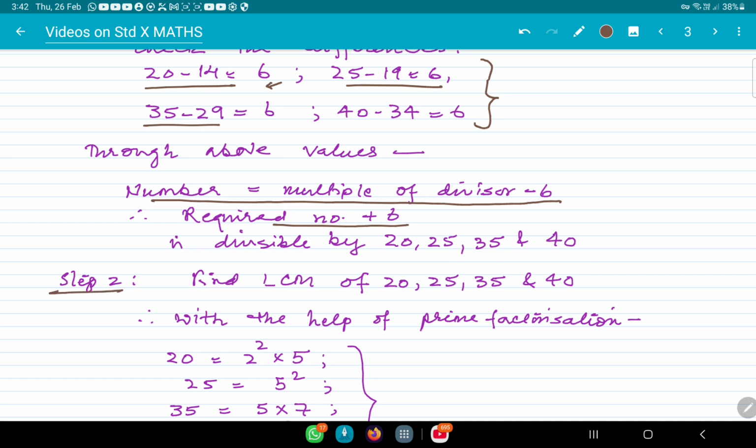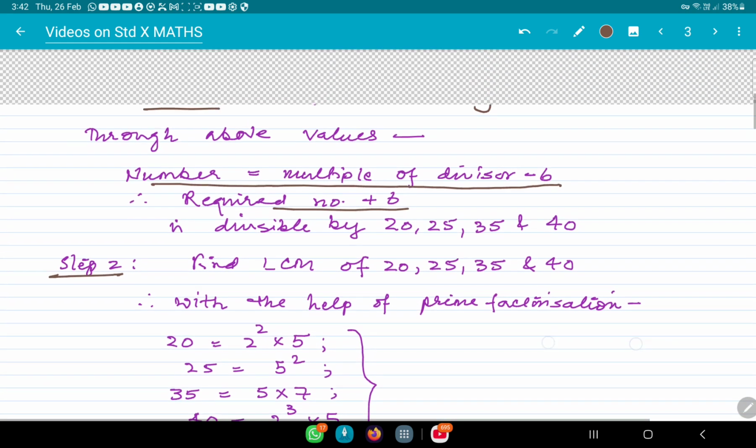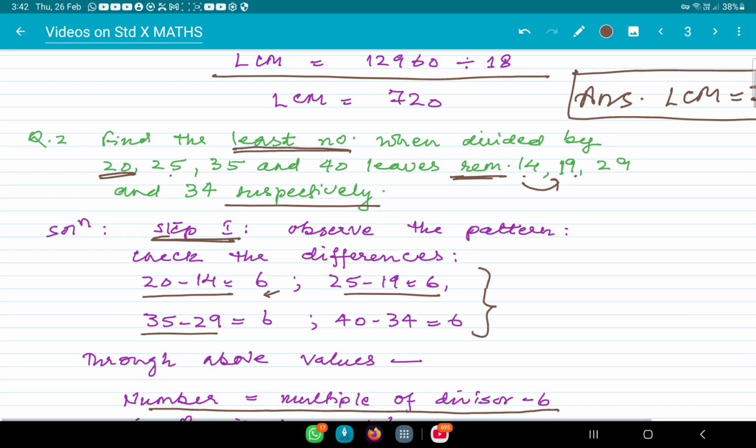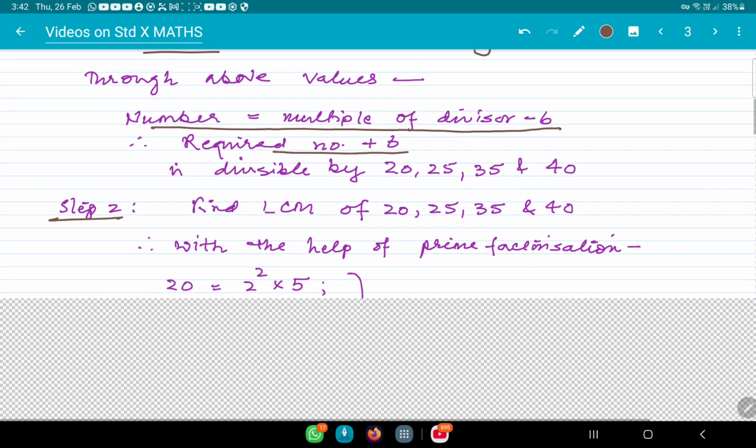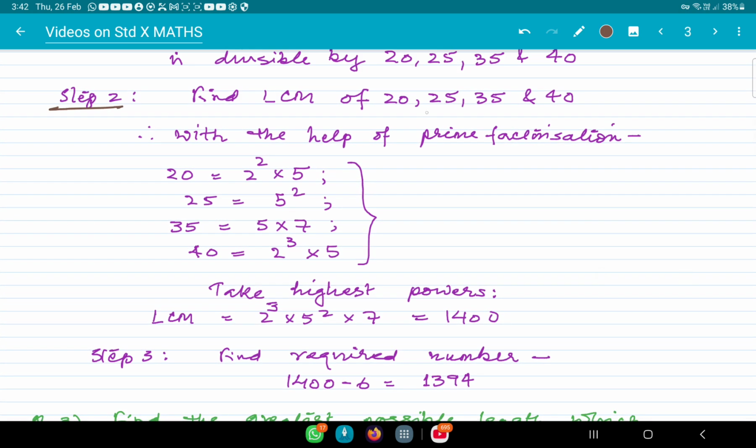So in step 2 what will we do? First we will take the LCM, because in your question your keyword is least number. So here we are finding the LCM of the given numbers 20, 25, 35 and 40 with the help of the prime factorization method.